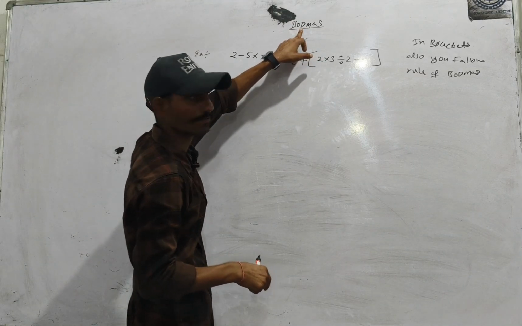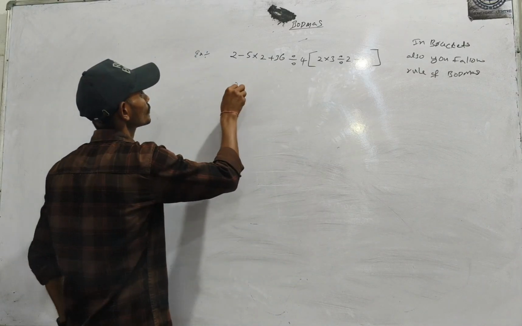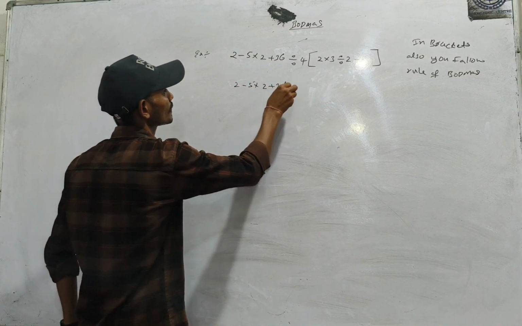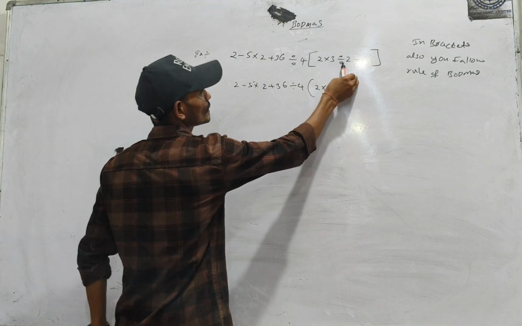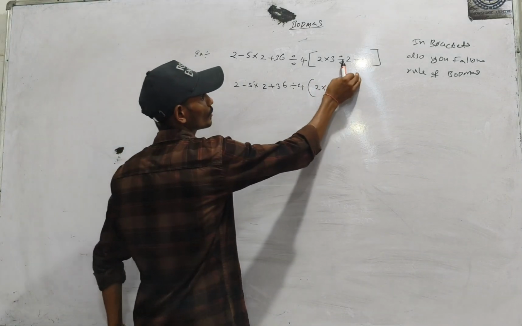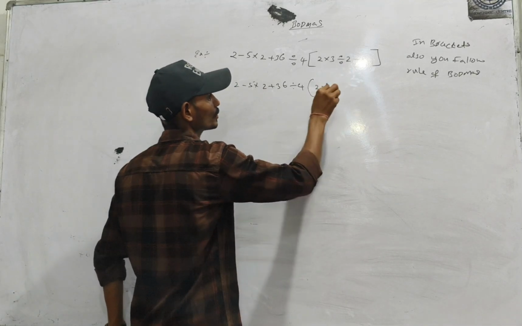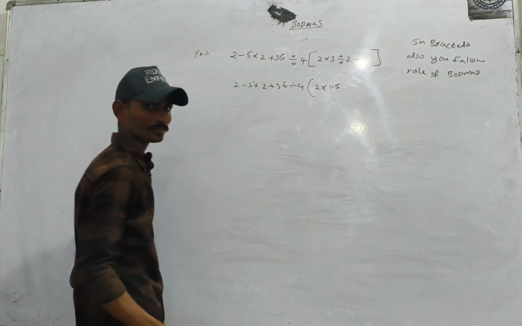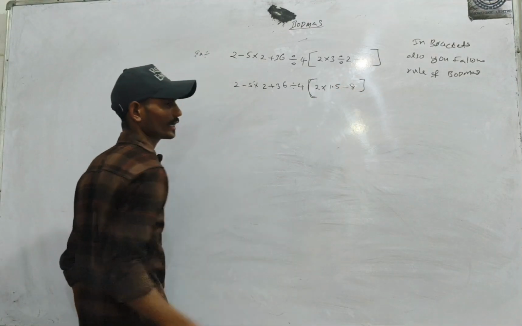So first is the division. In these brackets you follow division first: 3 divided by 2 gives 1.5, then minus 8.